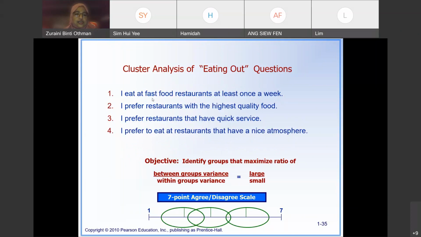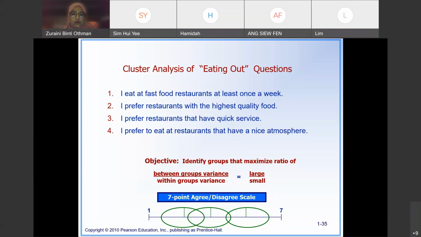This is an example of a cluster analysis question. For example: I eat at a fast food restaurant at least once a week; I prefer to go to restaurants with higher quality food; and I prefer restaurants that have quick service. Say we want to build a restaurant in a particular area. What type of restaurant should we build?